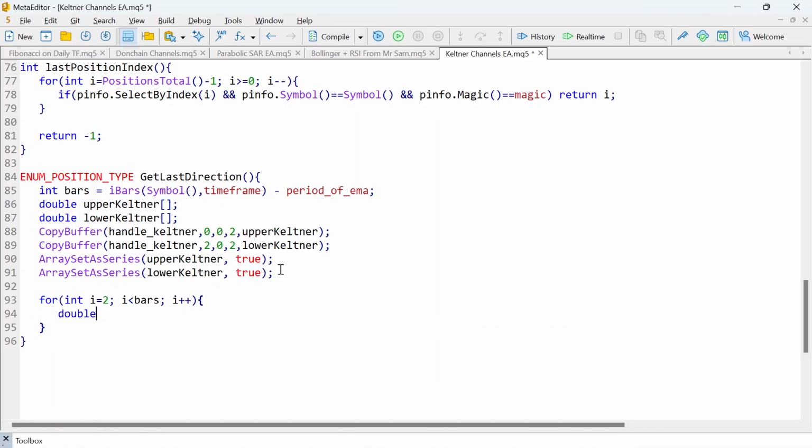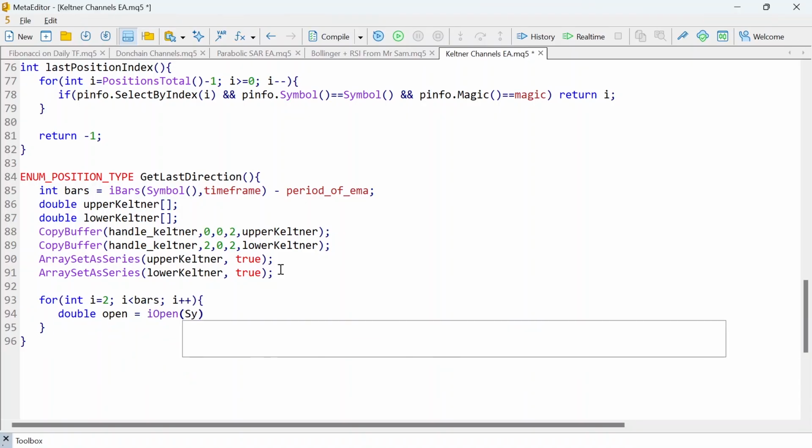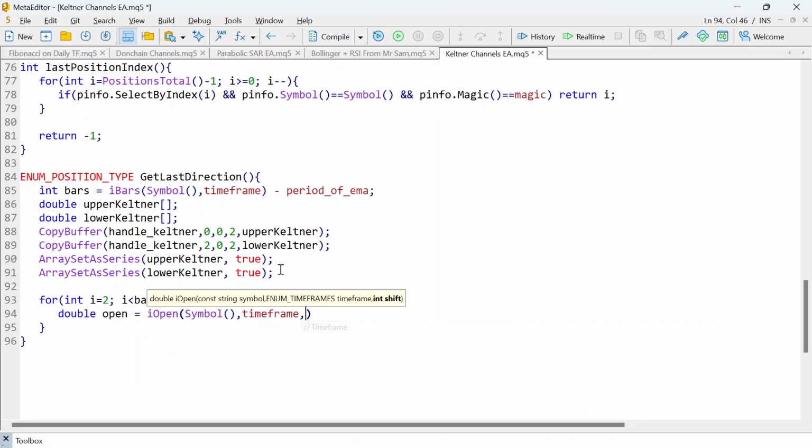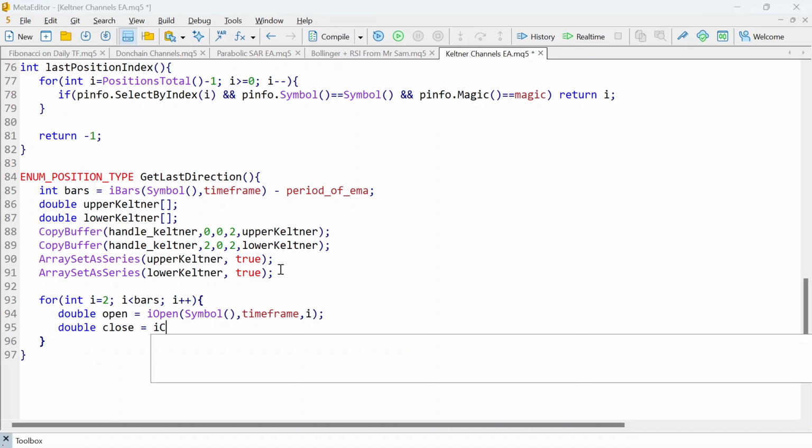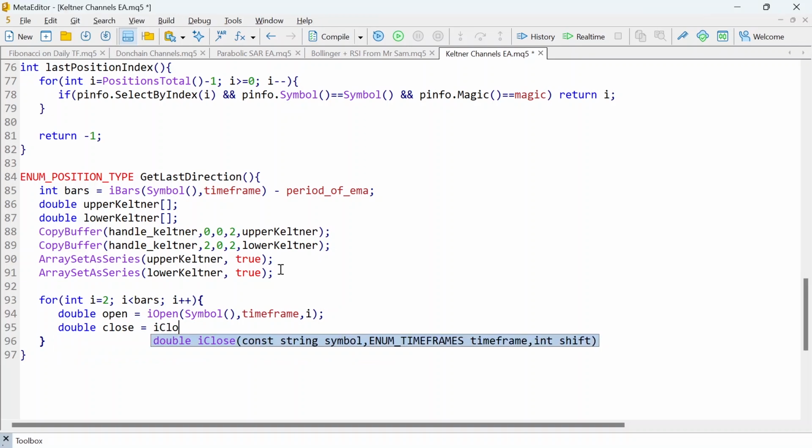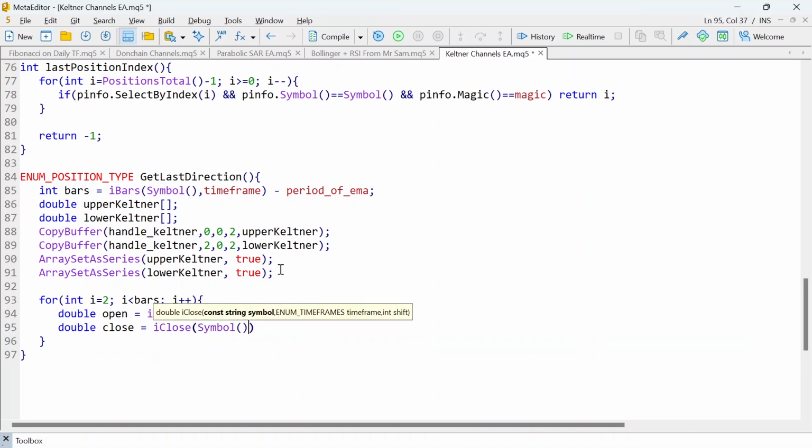So quickly get the open and the close of each bar. So I can say open of this chart symbol, this time frame, and of this bar. Get the close as well. Close, right? Of this chart symbol, this time frame, and of this bar.